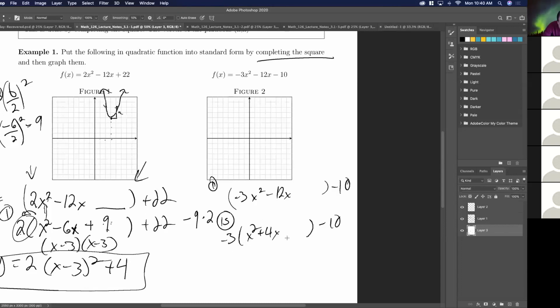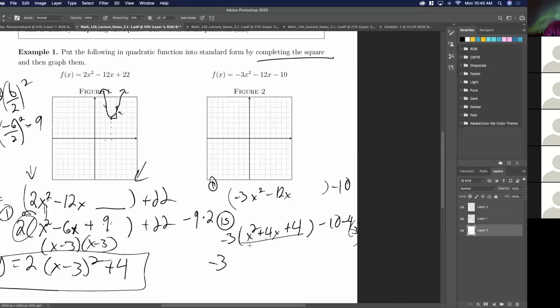So here, I'll go through the factoring really slowly this time. Once again, 4 divided by 2, squared, would be plus 4. If I'm adding 4 here, I need to subtract 4 here, but I also need to multiply it by negative 3. So here I'll have minus 3.